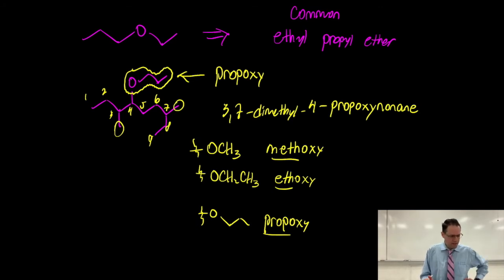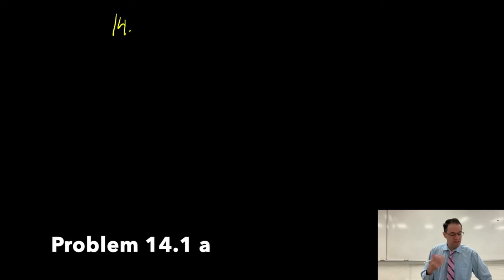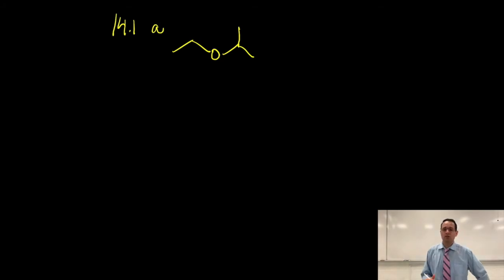All right, let's do a couple of practice problems in 14.1, problem A and B and D, okay? So first of all, this is a very simple molecule, so we're going to name it as a common name. We just need to identify the 2 substituents here.